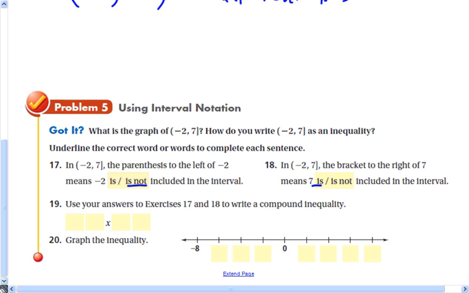And so the smallest number in this set is -2. -2 is not included, so we're going to just put a less than sign there. And the biggest number in this set is 7. 7 is included, so we're going to put less than or equal to symbol there.